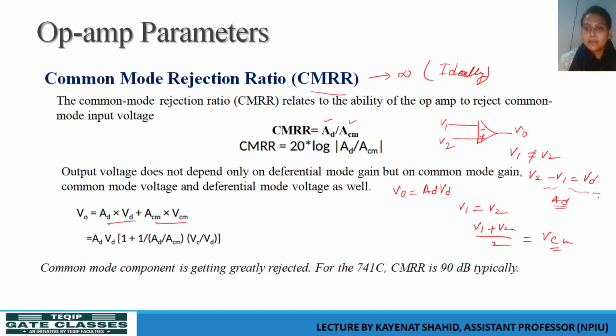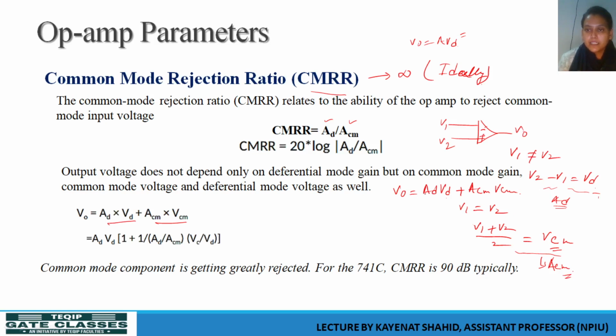Till now we have been saying that VO is nothing but AD times VD, that is the differential gain. Now we are saying it also depends on the common mode gain ACM and the common mode voltage. The gain generated due to this common mode voltage, we call it the common mode gain.